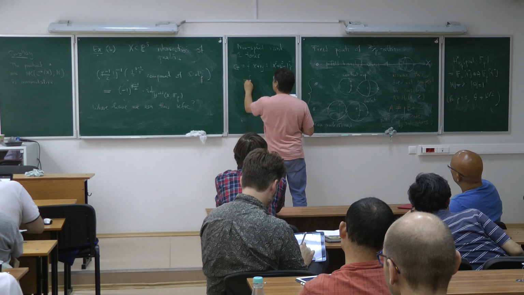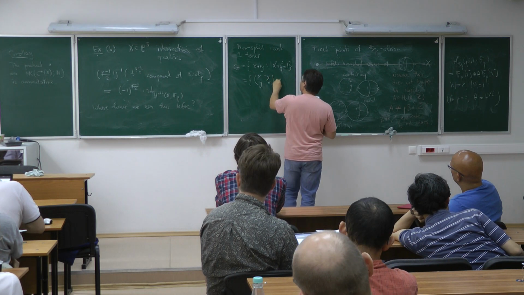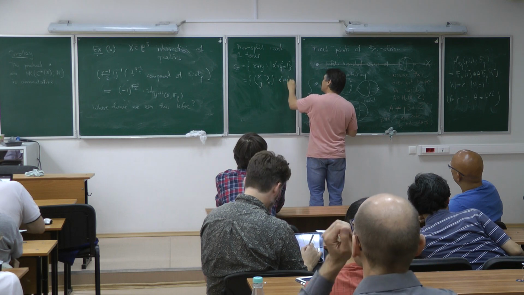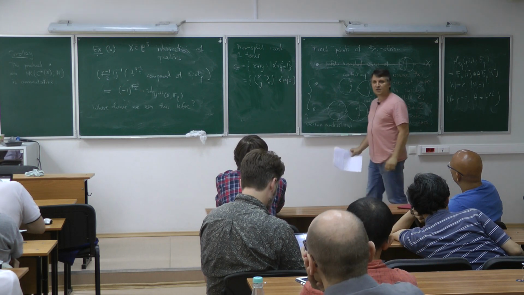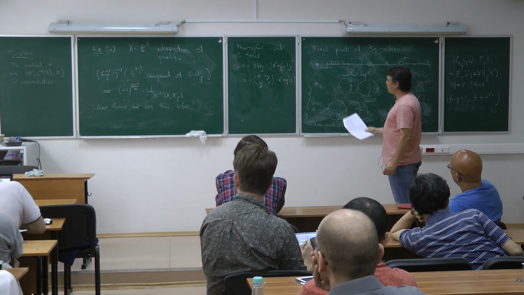Or if you don't like the formal symbol, you can just write them as rotation matrices. So this is an algebraic group. You can take its coefficients in any field.